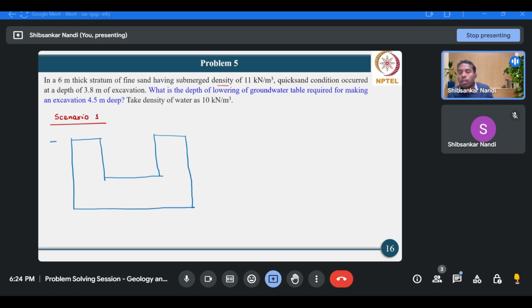So this is the total thickness of fine sand. So this is 6 meter, and this is the excavation depth, D1. So this is 3.8 meter.